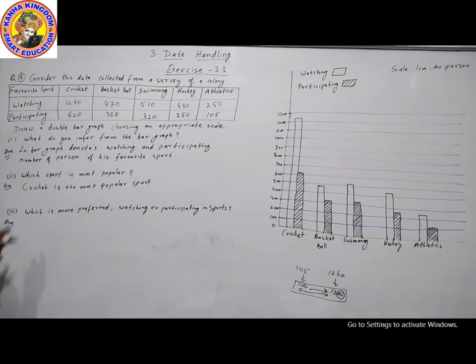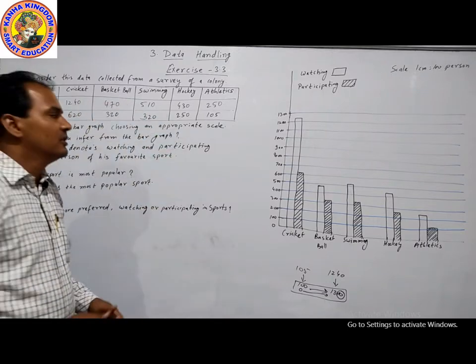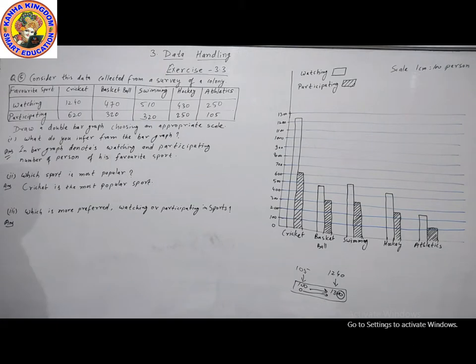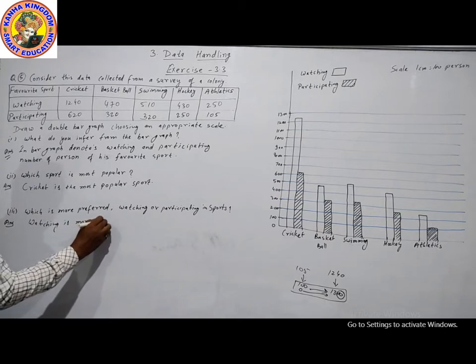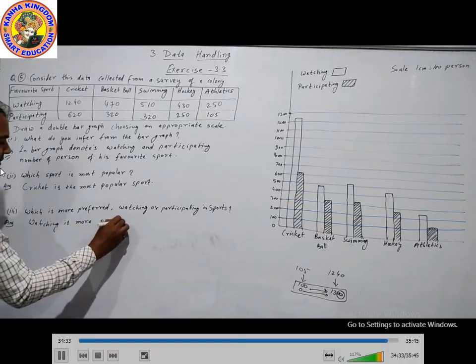Now third: which is more preferred, watching or participating? By this table, the number of persons is highest in watching. The watching persons are more than participating. So the answer is watching is more preferred.